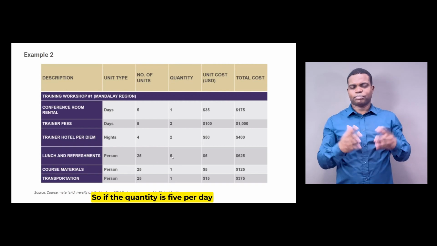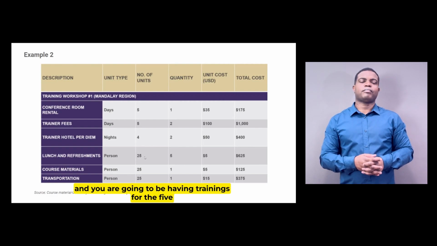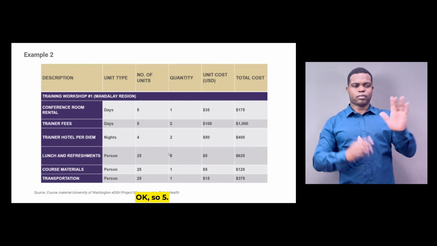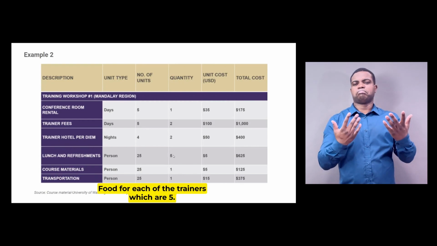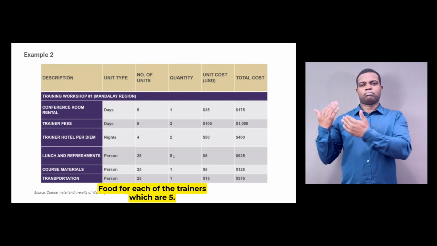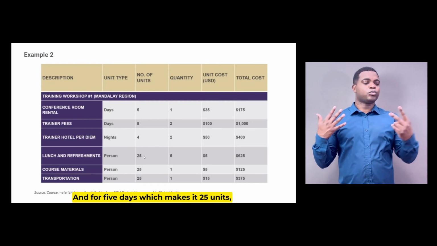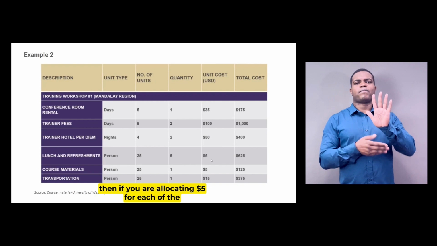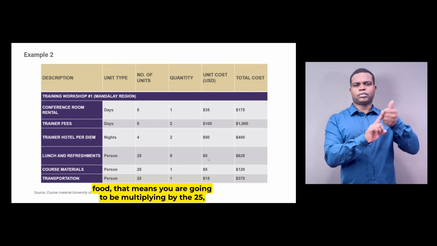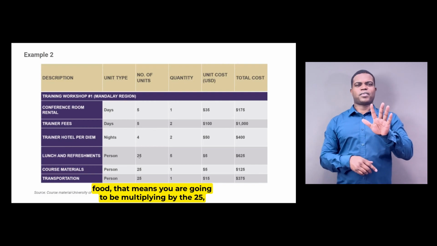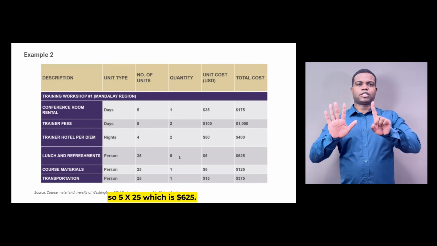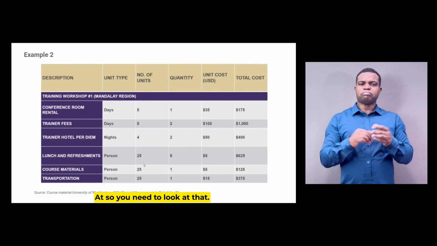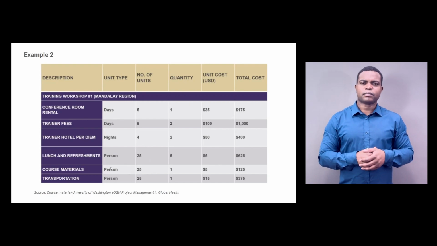So if the quantity is 5 per day and you are going to have trainings for the 5 days, that is why it is 25. So 5 food for each of the trainers, which are 5, and for 5 days, which makes it 25 units. Then if you are allocating $5 for each of the food, you are going to be multiplying by the 25. So 5 times 25, which is 125. So you need to look at that.